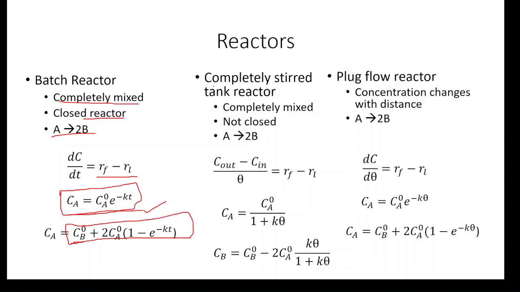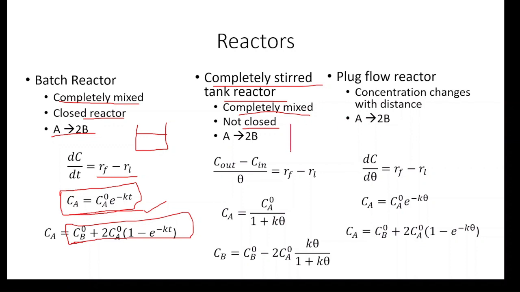The second kind of reactor is the completely stirred tank reactor. So it is also completely mixed, but it is not closed. The difference between a batch reactor and a CSTR is that a batch reactor is closed, because once we are adding anything, we are not changing it.